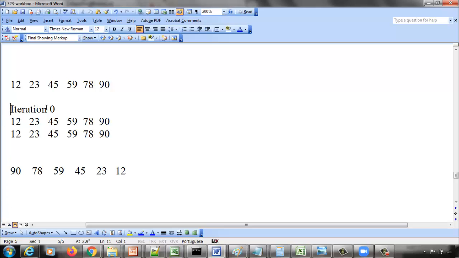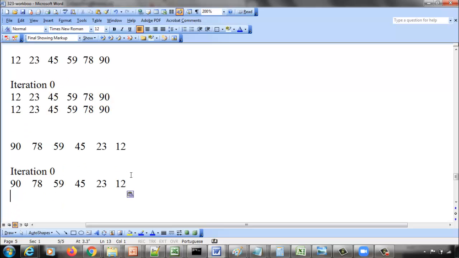For iteration 0, if this is the input array, we would compare 90 with 78. 90 is greater than 78, so swap them, and 78 goes here, 90 comes here. Then compare 90 with 59, 90 is greater than 59, so 59 goes here, 90 comes here. Then 90 with 45, 90 is greater than 45, so 45 and 90 are swapped.